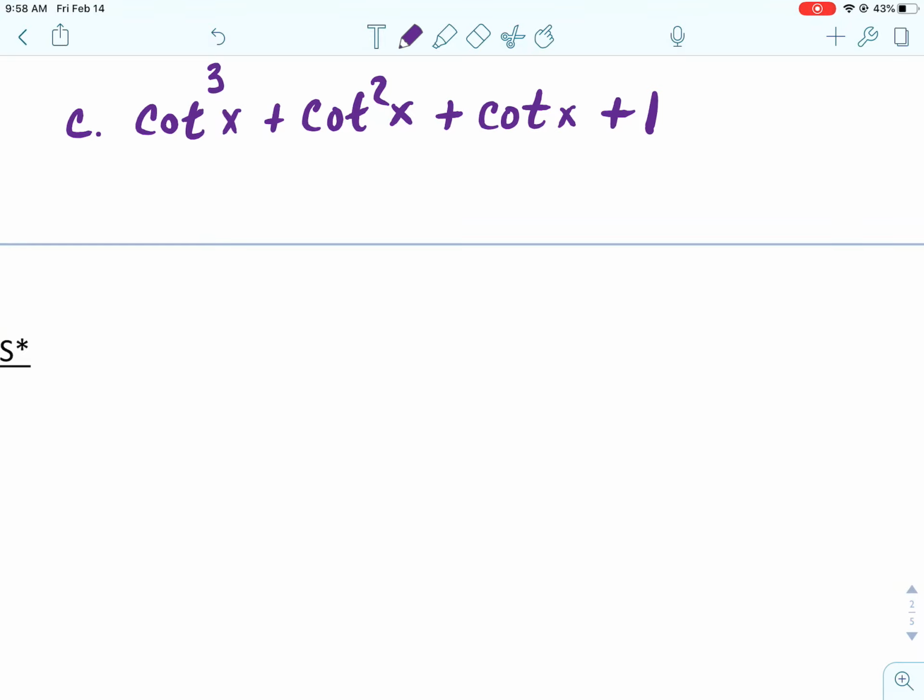If there were 4 terms, what do we use? We use grouping. So we're going to group this into 2 groups, and then we factor a common factor out of each group. So what's the common factor in the first group? Cotangent squared. Awesome. And we'll factor that out of each of those.